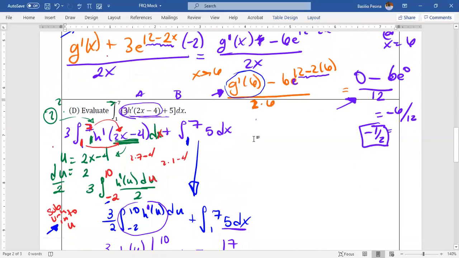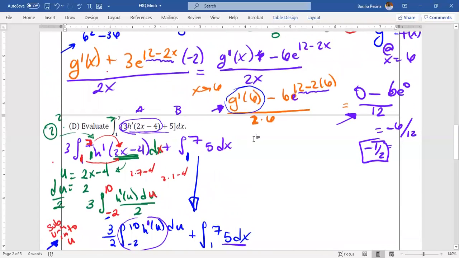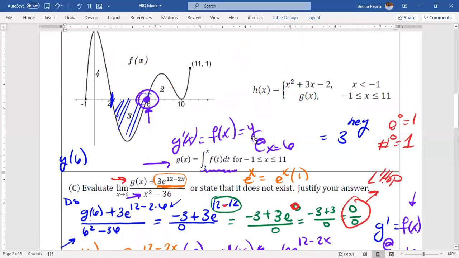So we're going to go to our piecewise function, and you're going to find out when u is 10. When u is 10, do we use the left or the right? Because 10 is in here. Does that make sense? I think this is the trickier part, guys, that we need to notice: what part are we really using.